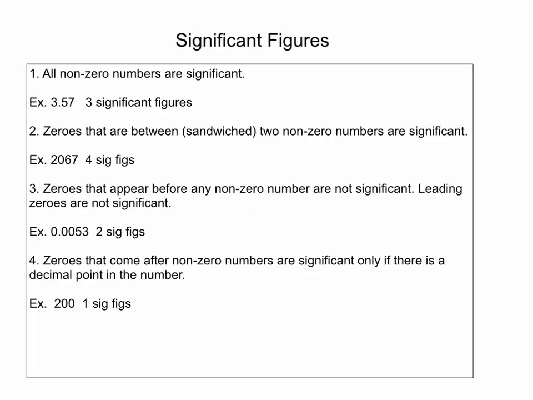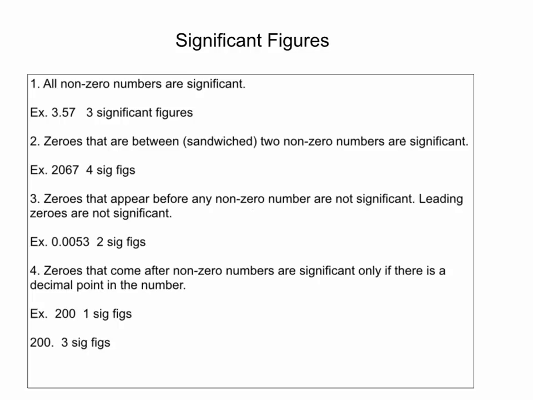But if I give a second example of the same number 200, but with a decimal point, this number, because there is a decimal, those zeros at the end of the number count, so I get the number 3 significant figures.